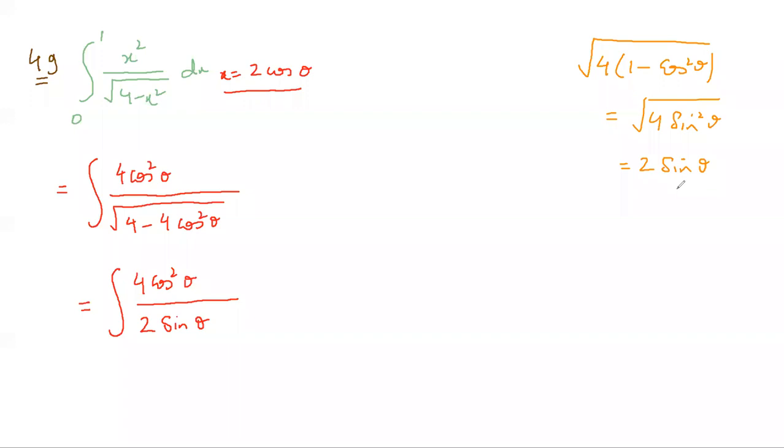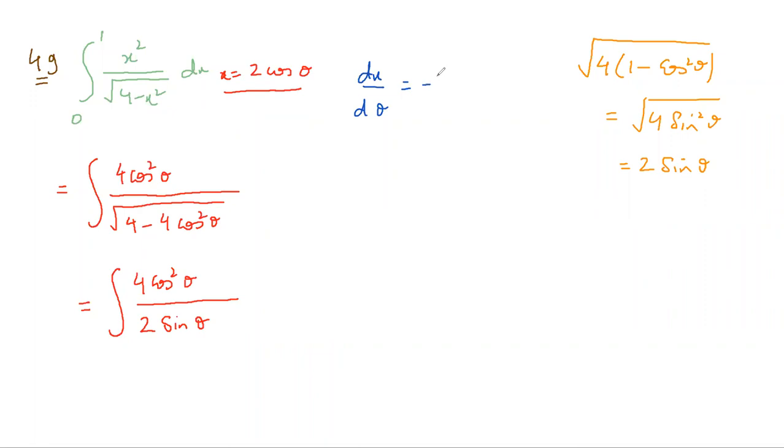Yes or no? Yes, sir. Okay. Now it's the du's turn. Sorry, d theta. In fact, we need to have d theta instead of this dx. So I'll be writing here dx by d theta. So this is dx by d theta.